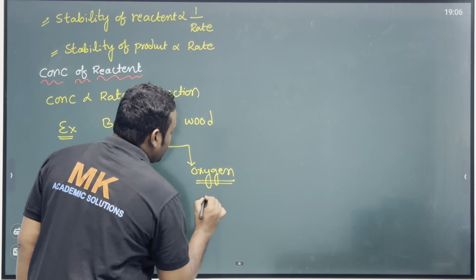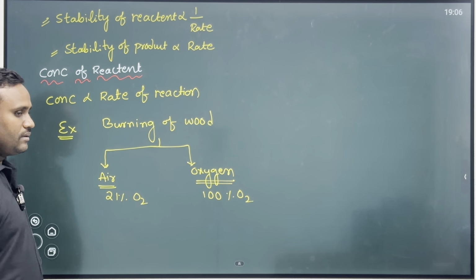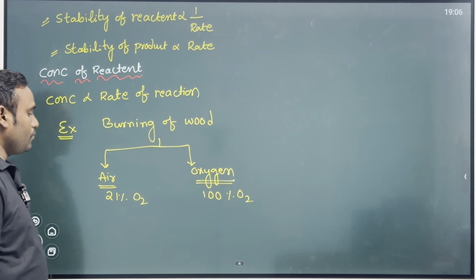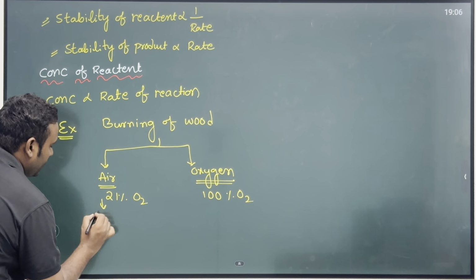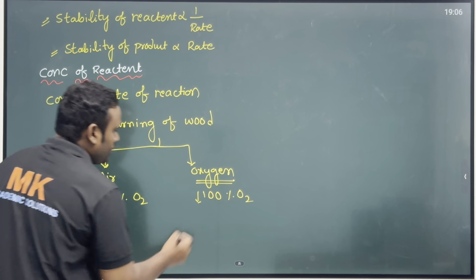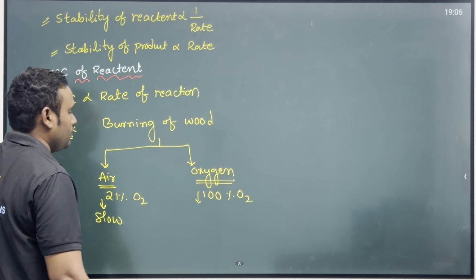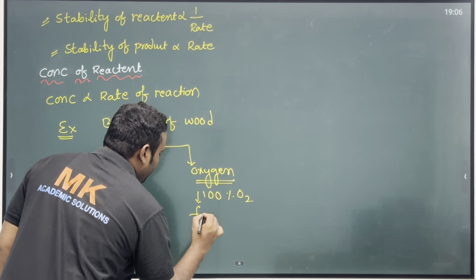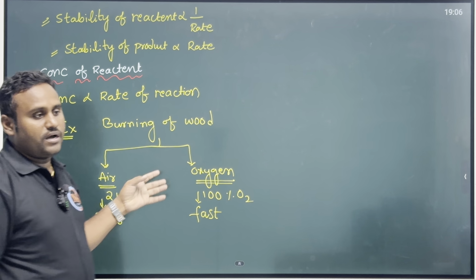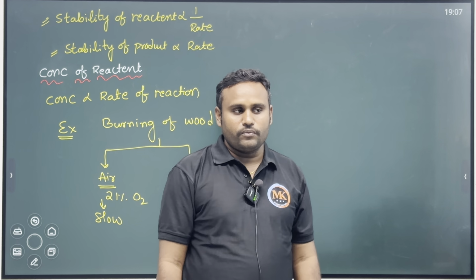In case of only oxygen, 100% oxygen is present. Means here concentration of reactant is less and here concentration of reactant is more. In case of air, burning of wood is a slow process. In case of only oxygen, 100% oxygen is present, and burning is very fast. This is the effect of concentration: as concentration increases, rate of reaction also increases.